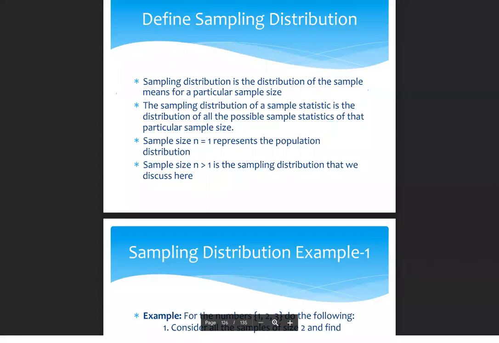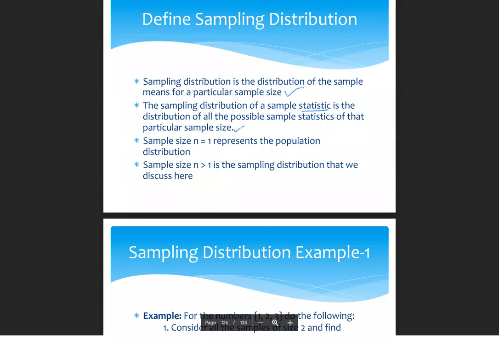So just to summarize things, sampling distribution is the distribution of the sample means for a particular sample size, which is this. Also, we could generalize it: sampling distribution is the distribution of a sample statistic, for all the possible sample statistics of that particular sample size.